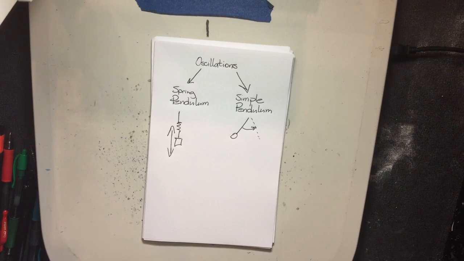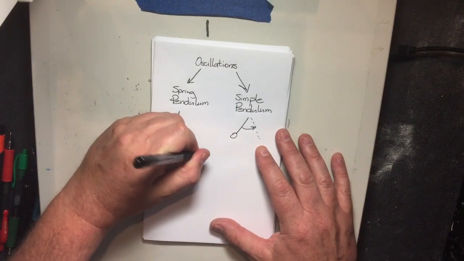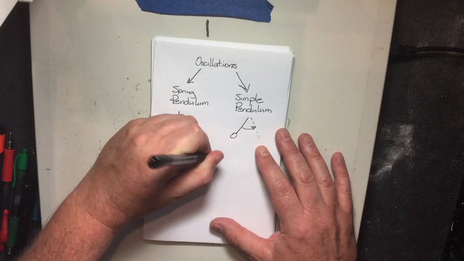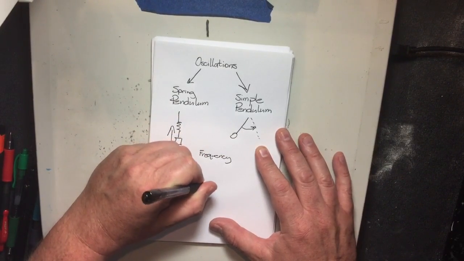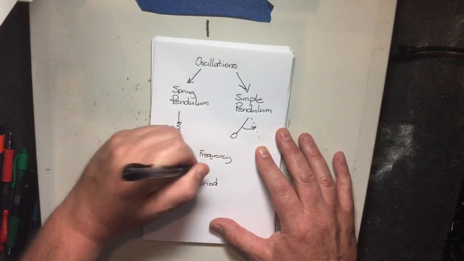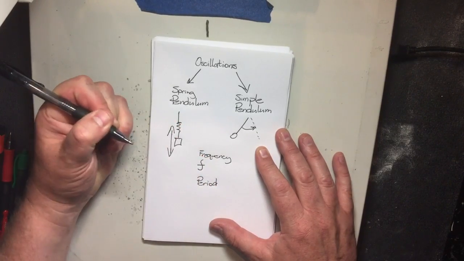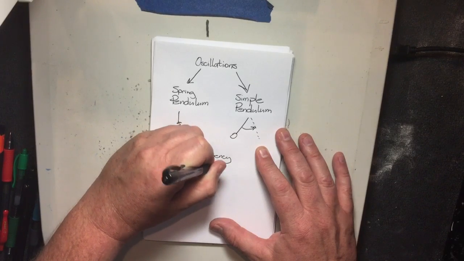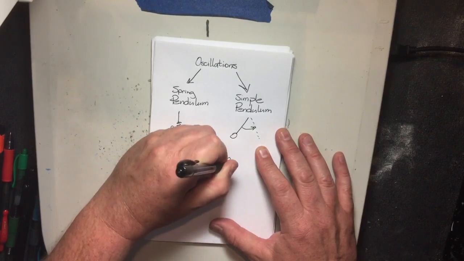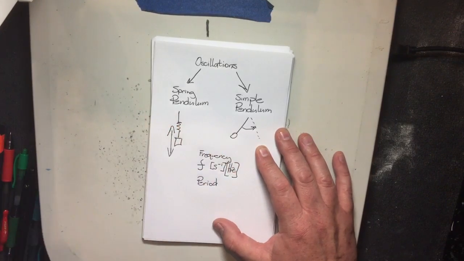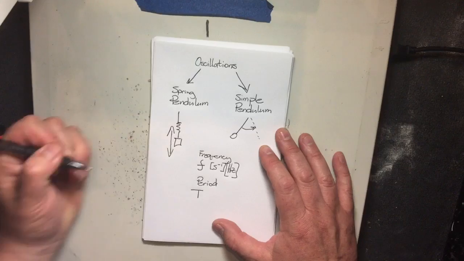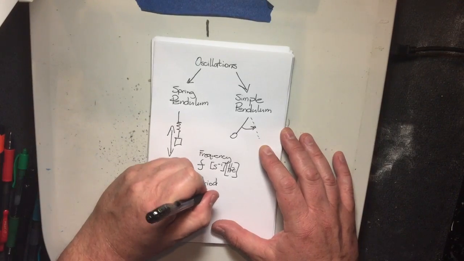Now, we are familiar with rotational motion and the terms frequency and period. Frequency, capital F, has units of inverse seconds, or hertz, whereas for the period we use capital T, in seconds.